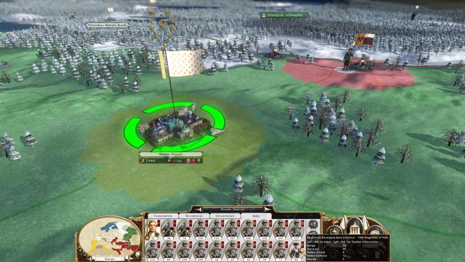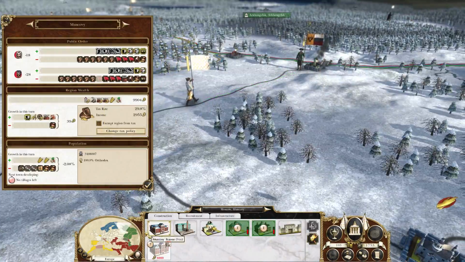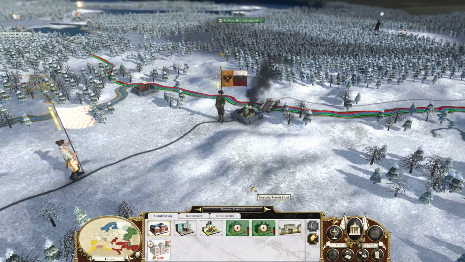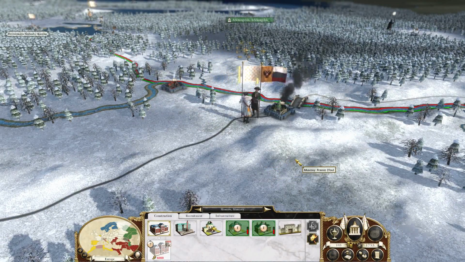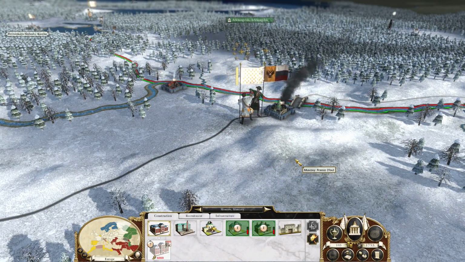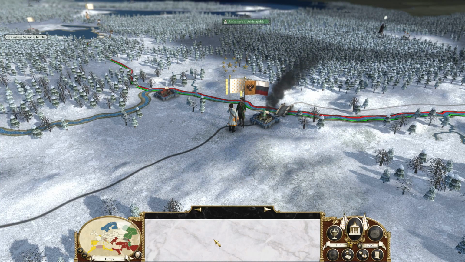Now here we need to engage the Russians. Otherwise we are going to be in very serious trouble. Okay, let's move into this battle.